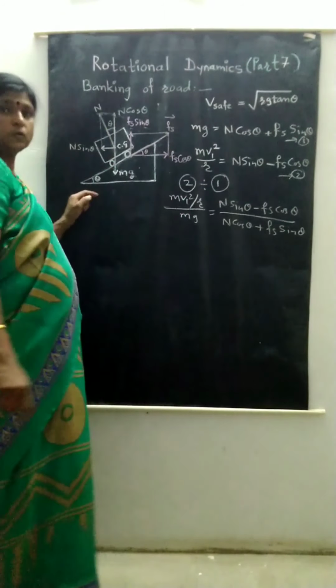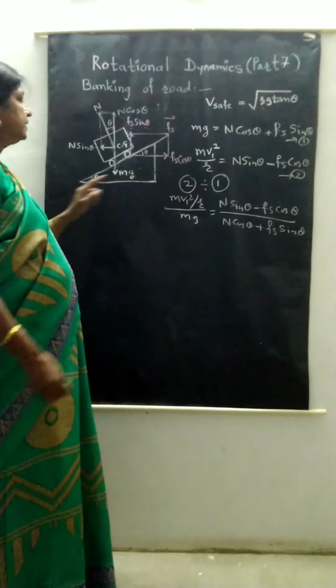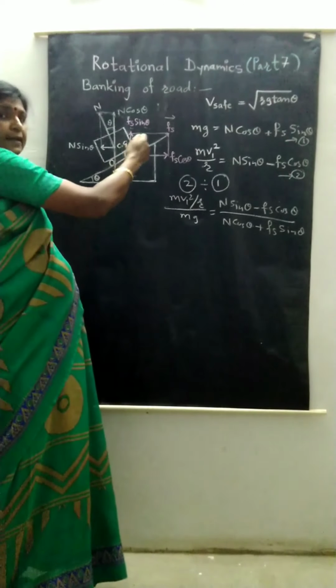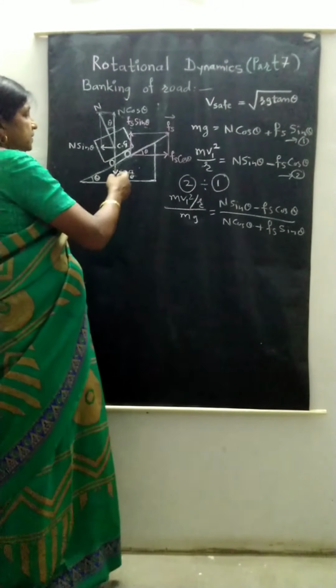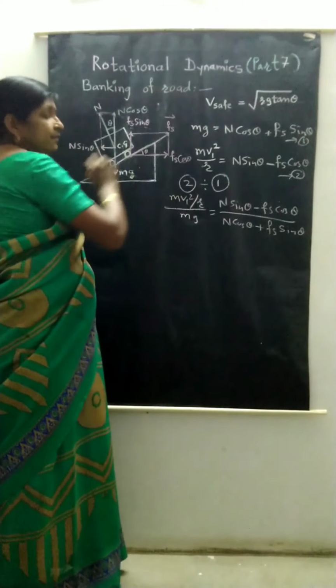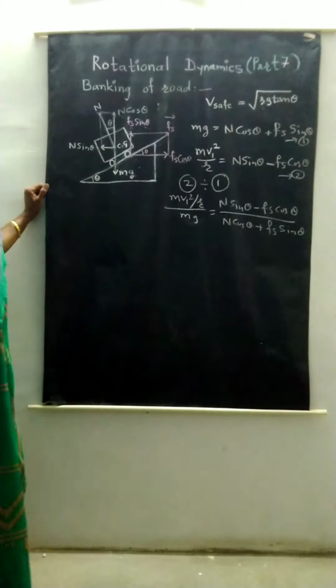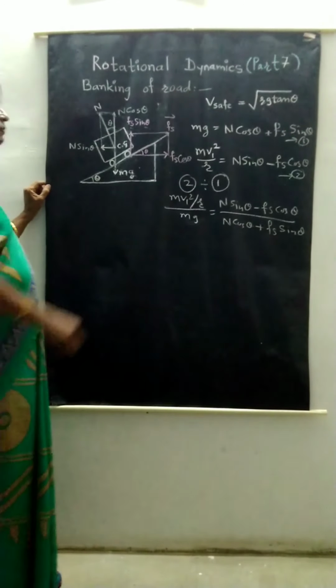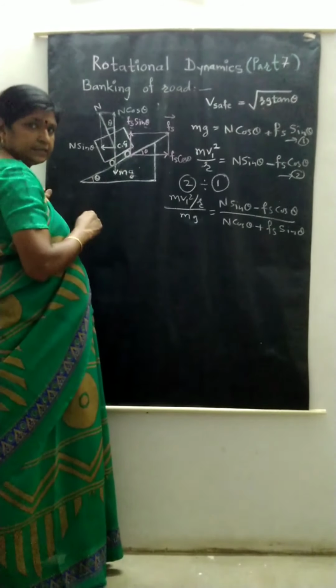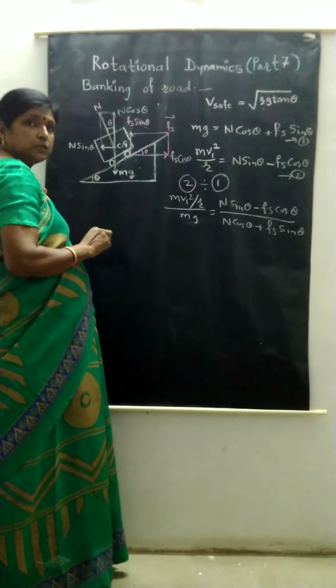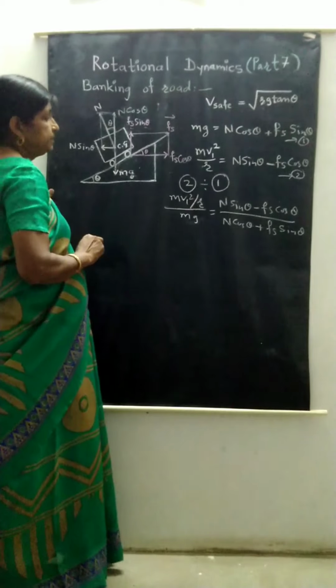As the speed goes on decreasing, there is more and more tendency of sliding of the vehicle. Hence, the force of static friction is a self-adjusting force. It will also increase. As the velocity decreases, this frictional force also increases.